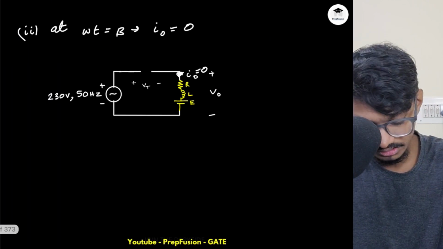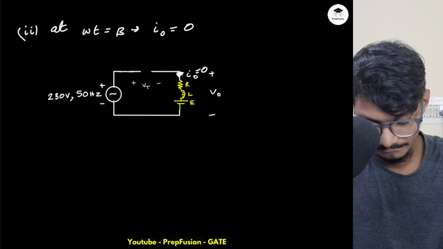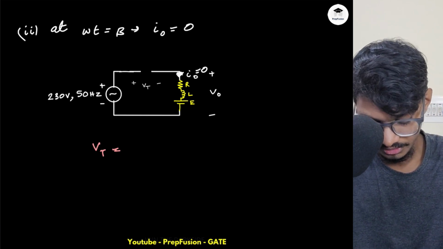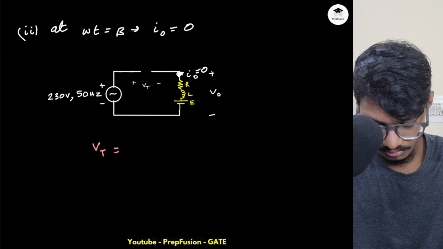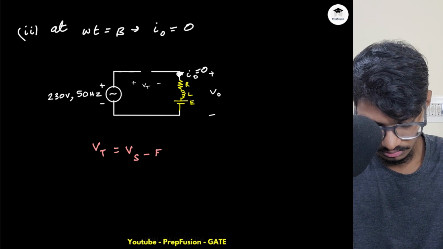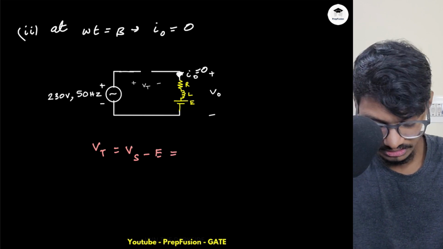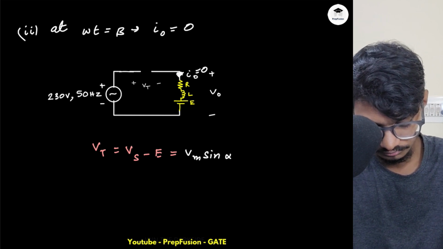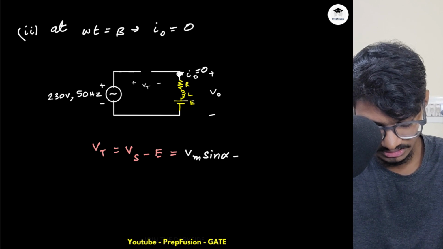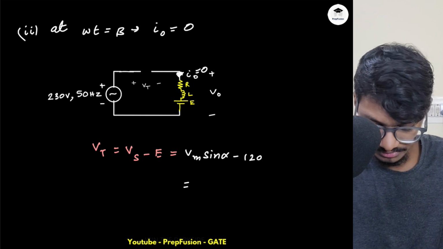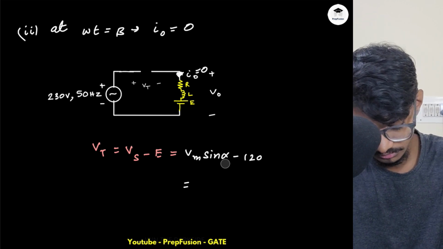So same thing again, my VT equals Vs minus E. Okay, so Vs is what? Vs is Vm sin beta minus E. What is E? E is 120 volts. Okay, again I will apply the same thing, not alpha, sorry, sin beta, at omega t equals beta.